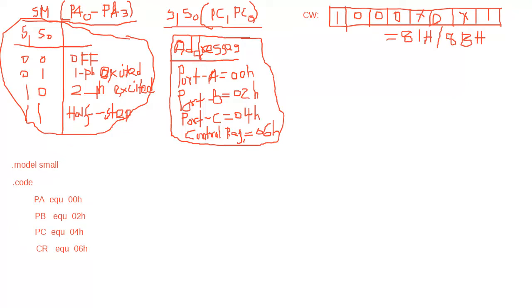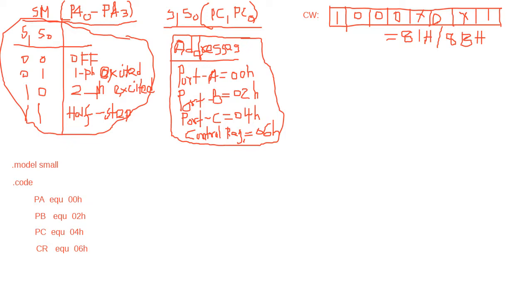If the control word is okay, then we write the move. Let me finish this class, because we have just this week and next week. So MOV AL, control word.